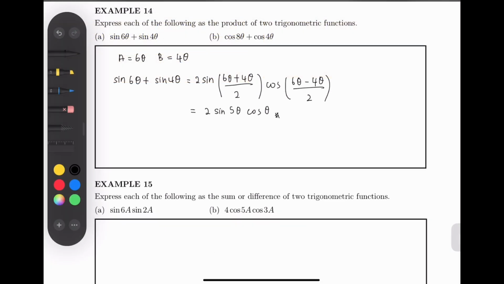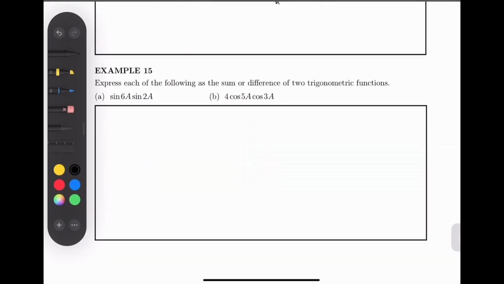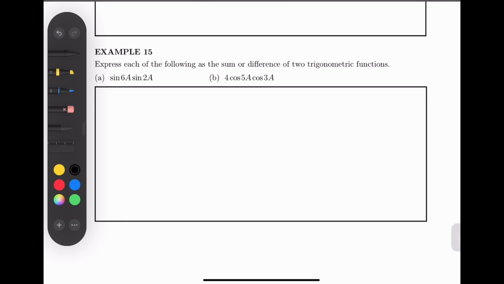For example 15, we need to change from the product to sum. So for part A, our A is 6A and our B is 2A.